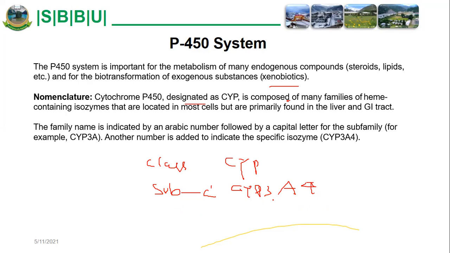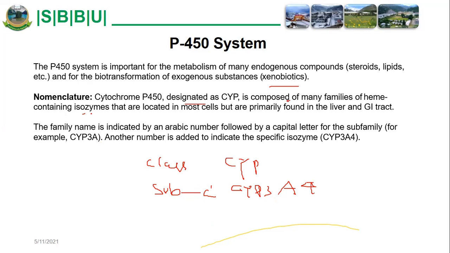How you can define isoenzymes: they have different amino acid sequences, but they catalyze the same chemical reaction. Remember that? Just recall your biochemistry knowledge, your chapter on enzyme kinetics and catalysis, that isoenzymes are those enzymes which have different amino acid sequences that catalyze the same chemical reactions. They are isoenzymes. So the same is the case here.